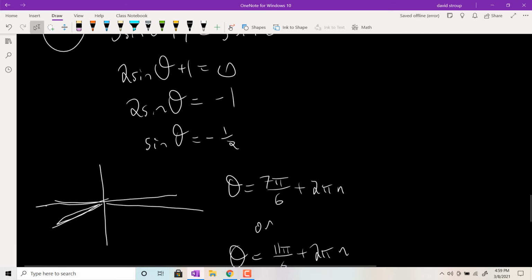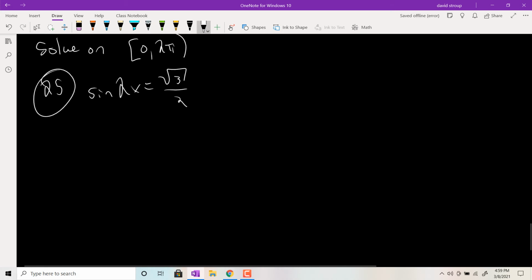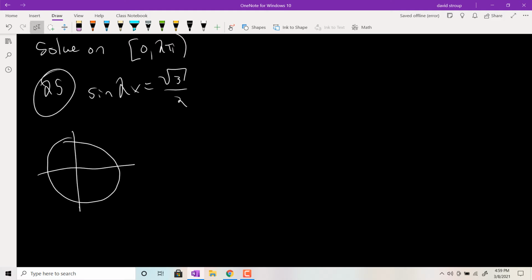So this time we just want the answers in between 0 and 2 pi. In between 0 and 2 pi, what are the 2 angles that give me root 3 over 2? And of course, I'm going to borrow the 2x and make my equations that way. So 2x would equal what?